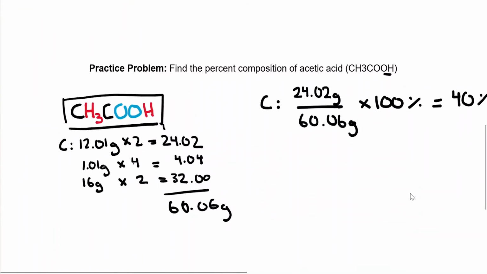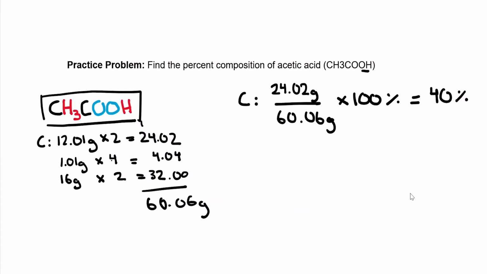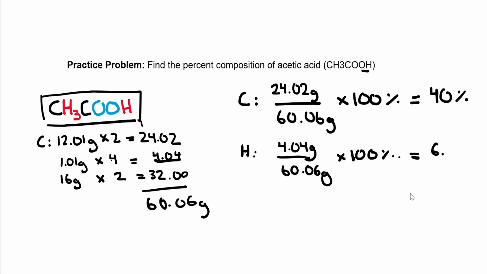All right, so now let's do it for the other elements. You do the same thing, same process. So we have hydrogen here, and we determined that the overall mass of the 4 hydrogens is about 4.04 grams. So we're going to get 4.04 grams, divide that by about 60.06 grams, multiply by 100% to get a percent, and then we're going to get about 6.66%.